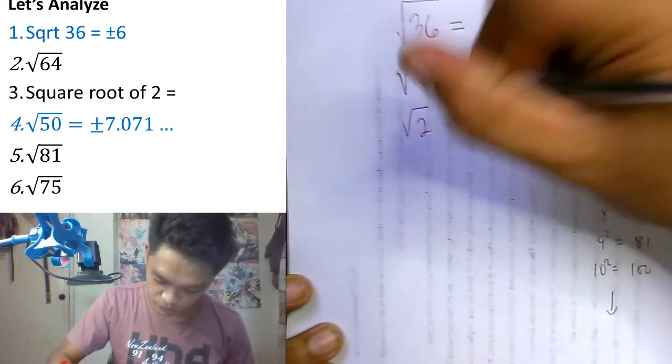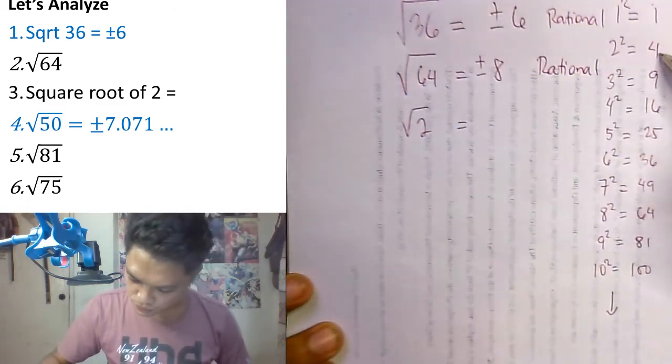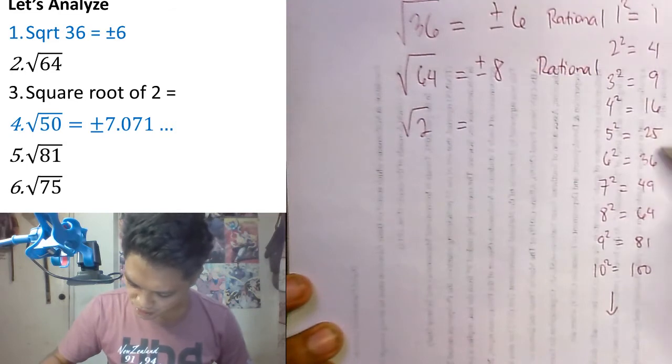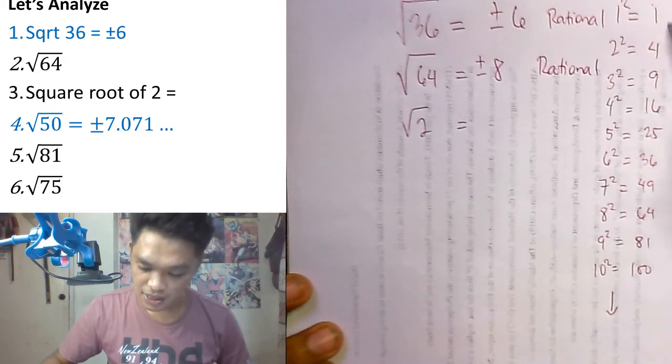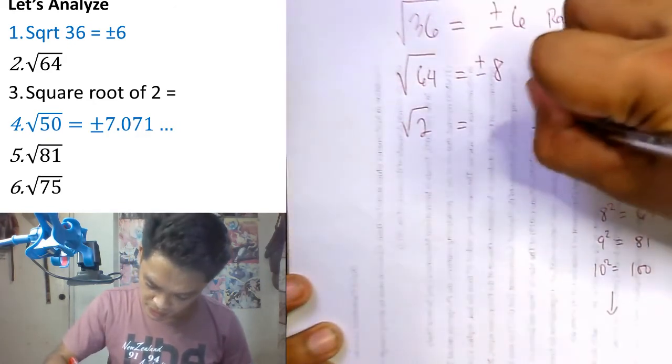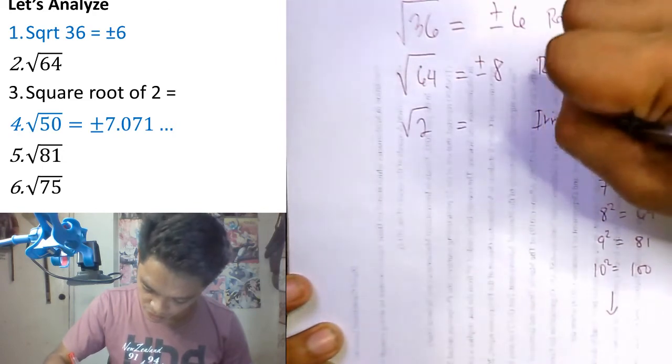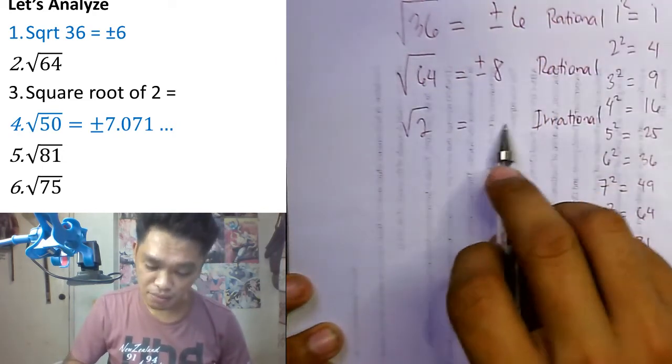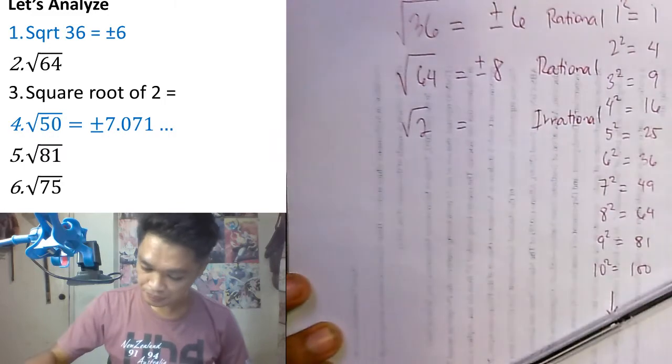Next, the square root of 2. Looking at 1, 4, 9, 16, 25, and so on, there is no 2 among the perfect squares, so we can say immediately that it is an irrational number. But how do we get the root?